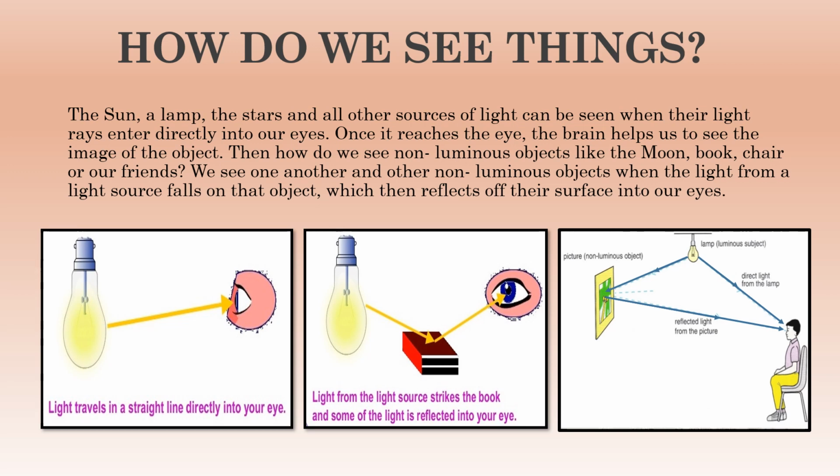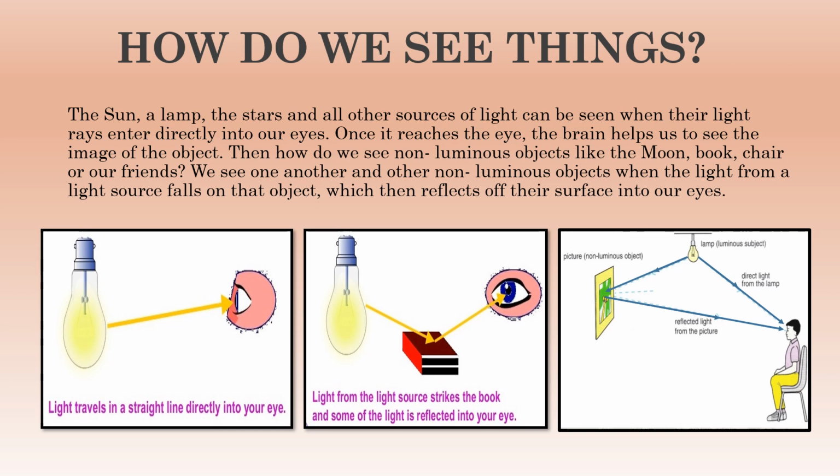The light ray directly enters our eye, and then we can see the light bulb. Now, once it reaches the eye, the brain helps us to see the image of the object.